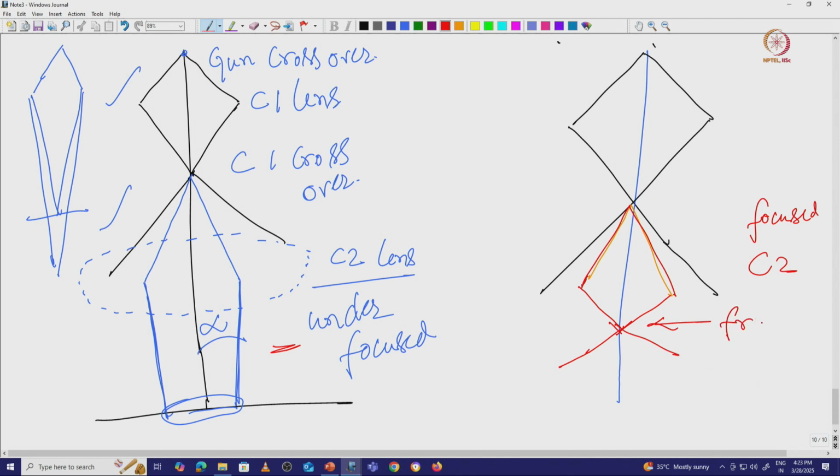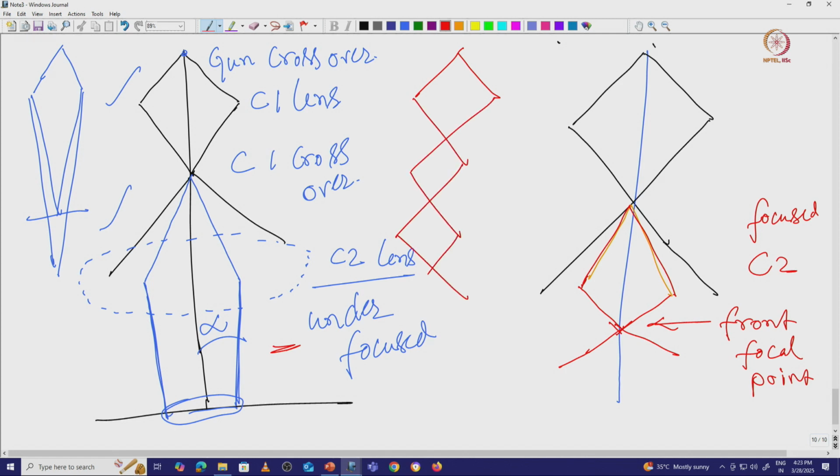So this is the front focal point. If you remember properly, we discussed the back focal plane. What is that? The C1 lens, C2 lens, then my sample, it is somewhere here.